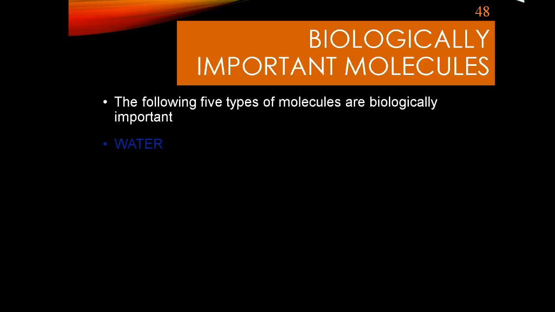Alright, so water, biologically important molecule. In a minute, we're going to talk about some of the characteristics of water. And then, remember I said we're going to talk about the biologically important macromolecules when we get to chapter 3. But we're going to go ahead and mention them here because they are important.